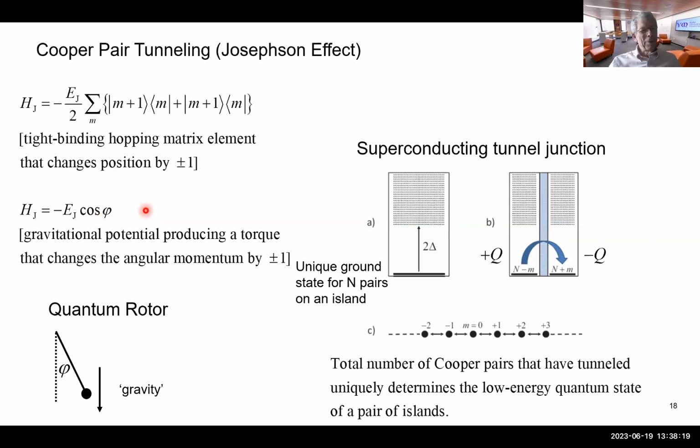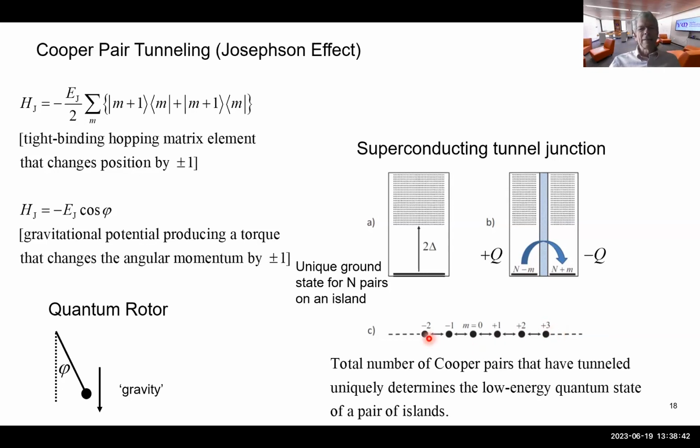So when you multiply it into the wave function, it gives you one more unit of angular momentum or one less. But that's equivalent to what the hopping of the Cooper pairs does. It changes this label m, the total number of tunneled pairs, by plus or minus 1.